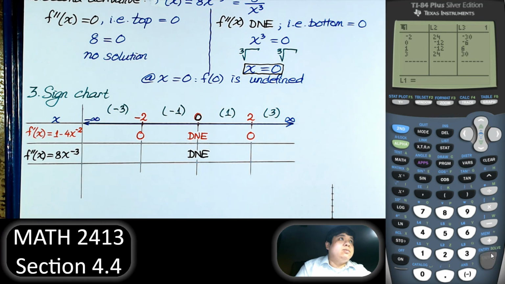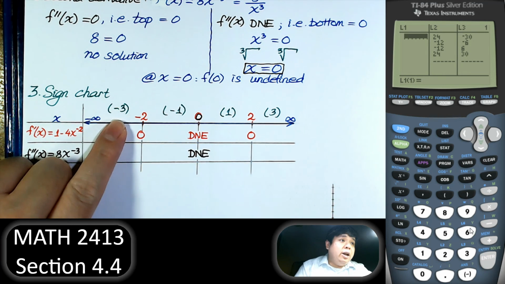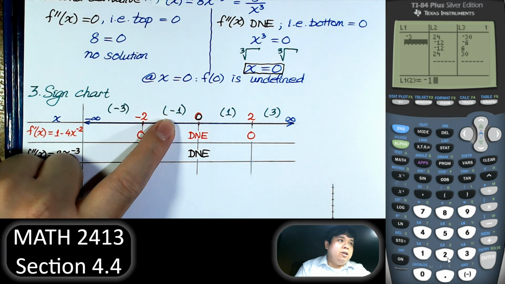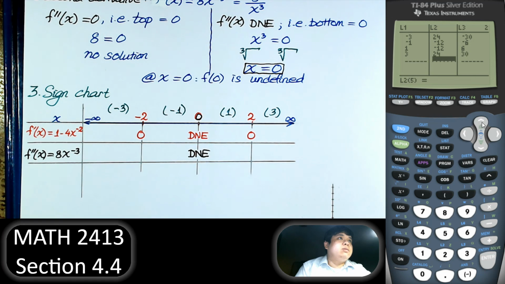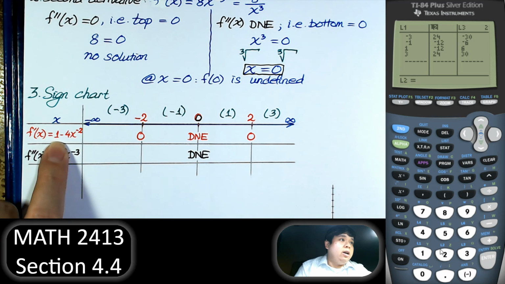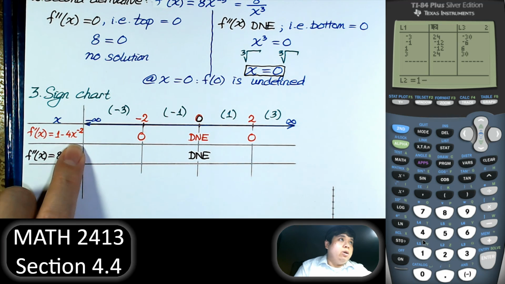Clear the list. It will be negative 3, negative 1, 1, and 3. L2, let's clear that, is equal to 1 minus 4 over L1 to the power of negative 2.